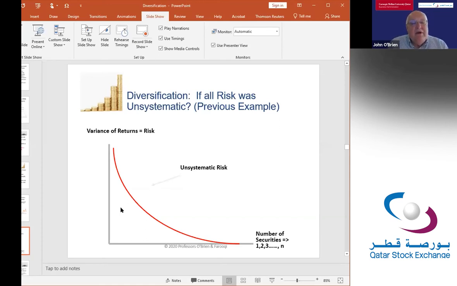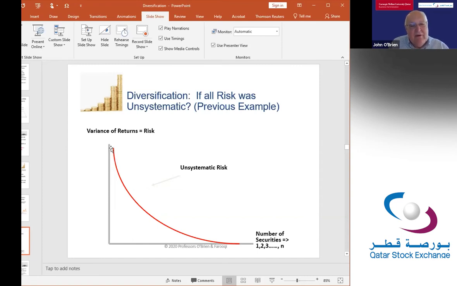Suppose all of the stocks were completely independent of each other. So we have 1 stock, 2 stock, 3 stock, 4 stock. As we go down this, we can eliminate freely all of the risk. So this is like perfect diversification, if you like.